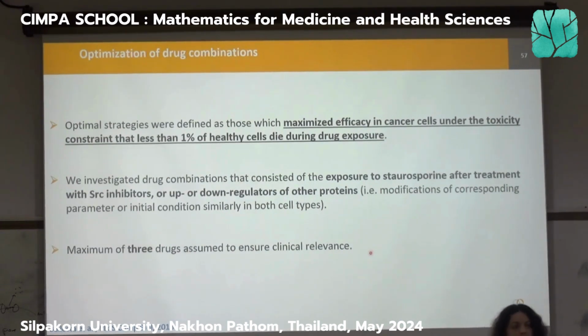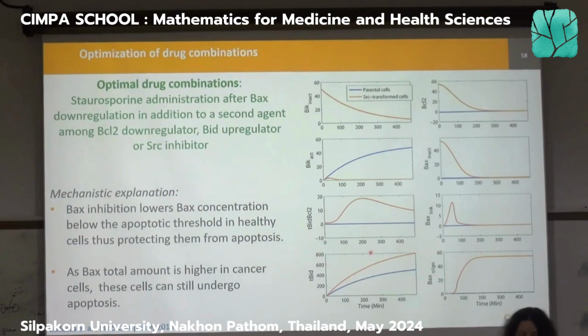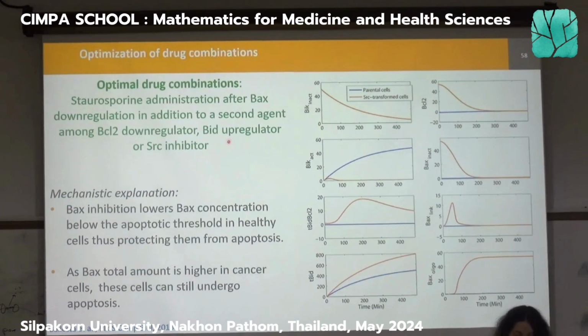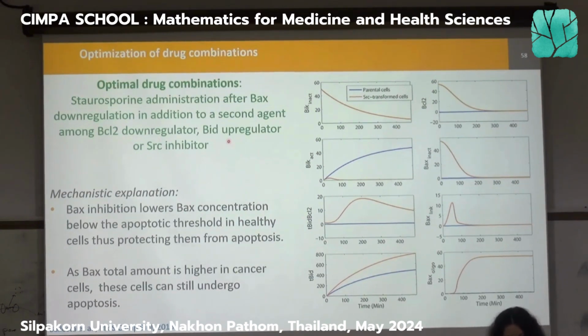So you put this in your CMRS optimization, and this is what you get. I'm going directly to the results. The optimal drug combination, as predicted by the optimization problem, is to give staurosporine in combination with a second agent that will downregulate BAX, and I will explain in a minute, plus a third agent that will either downregulate BCL2, upregulate it, or inhibit STAR.